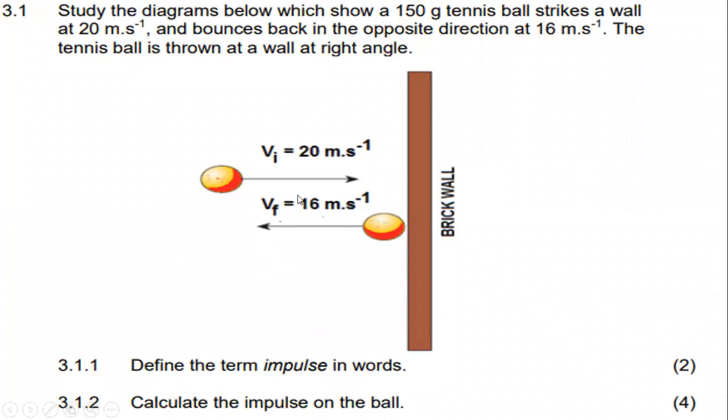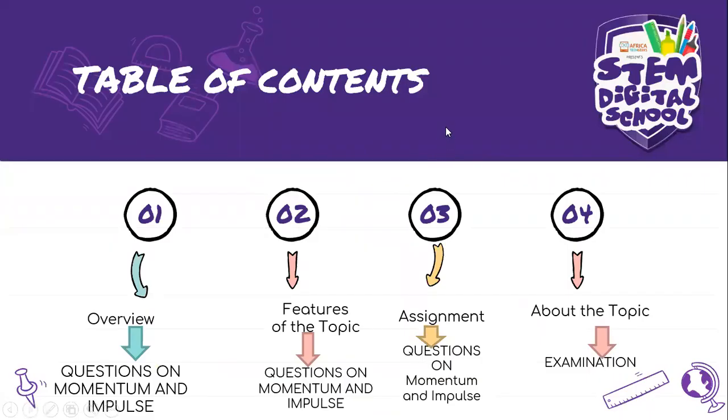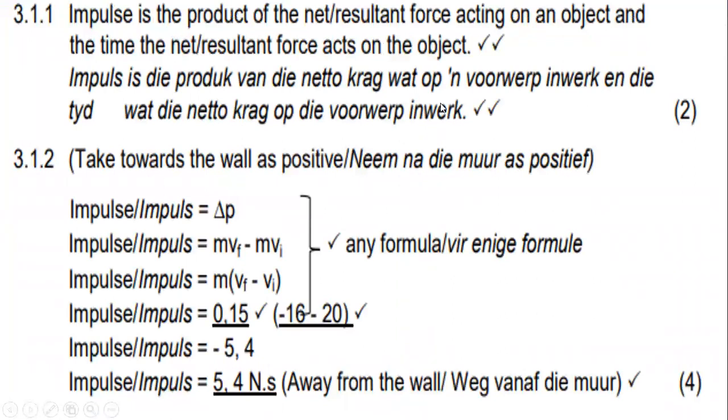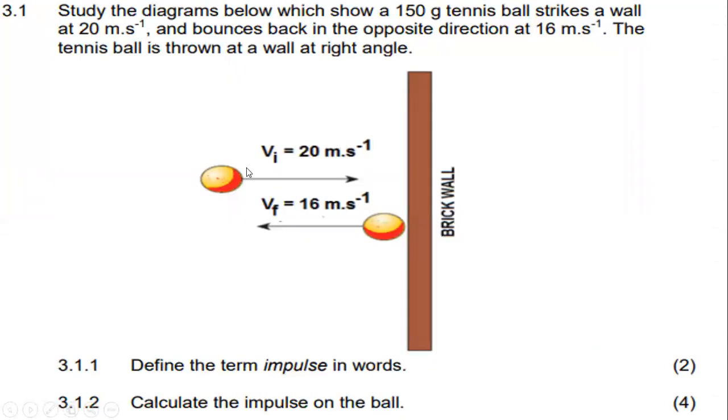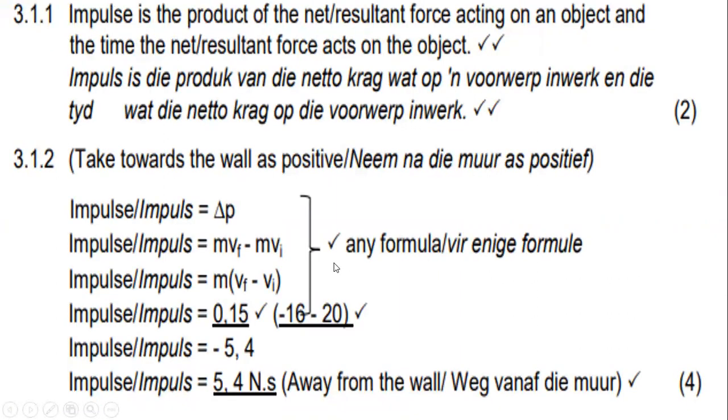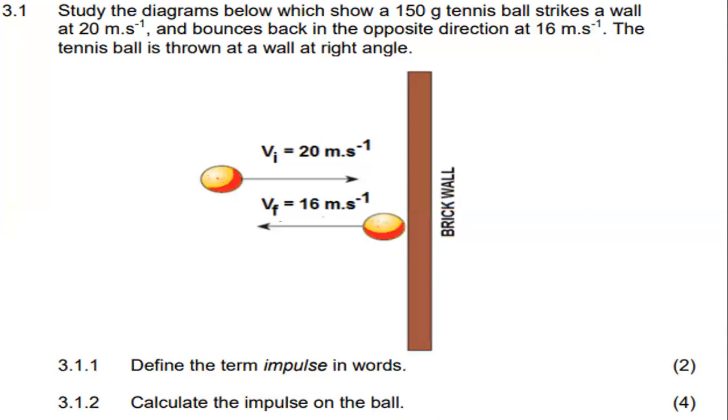study the diagrams below which show a 150-gram tennis ball striking a wall at 20 meters per second.